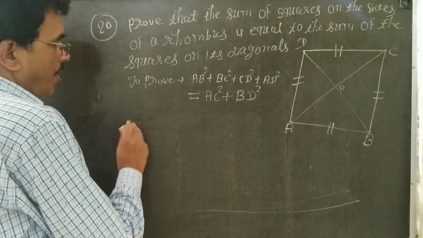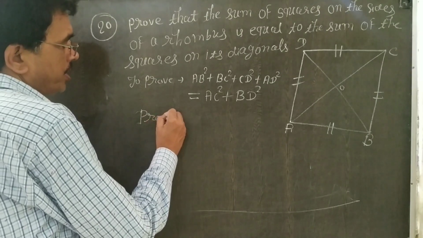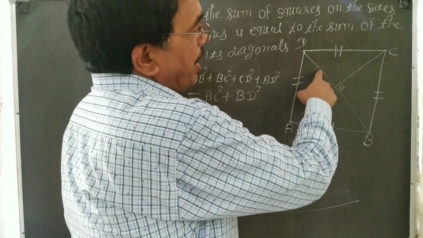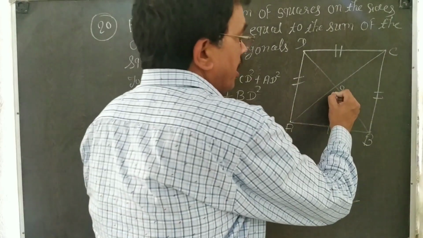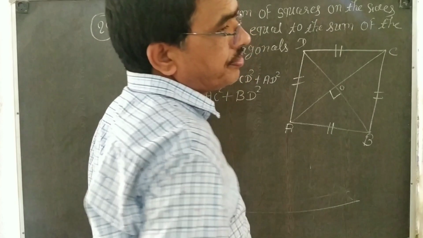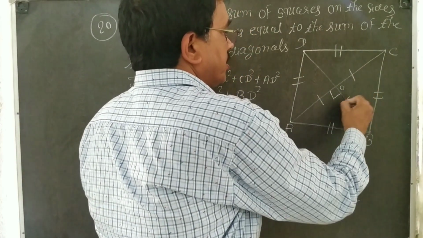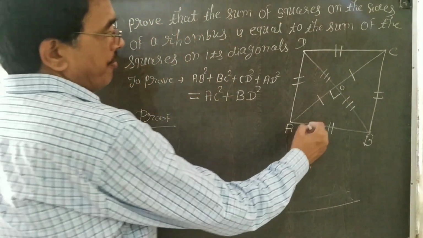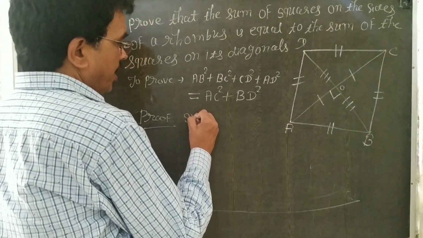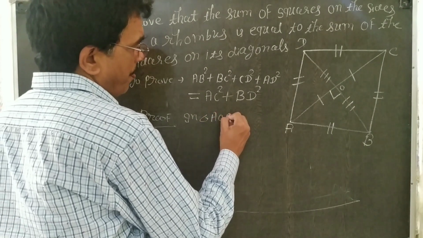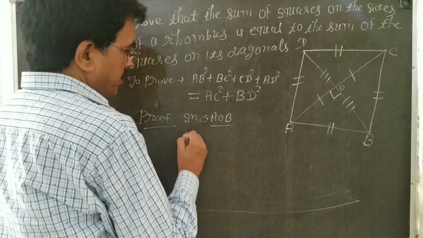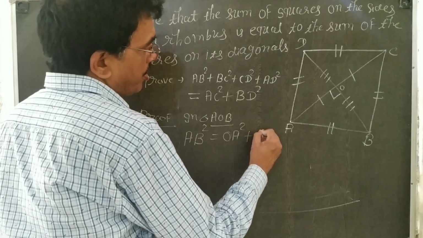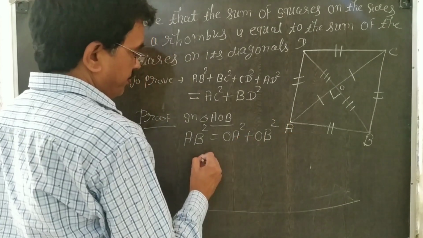Solution or proof. Dear student, it is a property of a rhombus that the diagonals bisect each other at right angle. So you can find AB easily in triangle AOB. AB is the hypotenuse. So AB square is equal to OA square plus OB square.